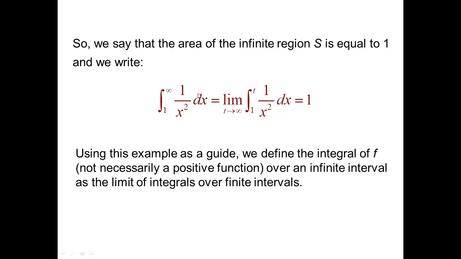That way we can interpret this as equal to 1. Now it has a definite value. So the integral of 1 over x squared from 1 to infinity is equal to 1, because it is equivalent to the integral of 1 over x squared evaluated from 1 to t as t approaches infinity.